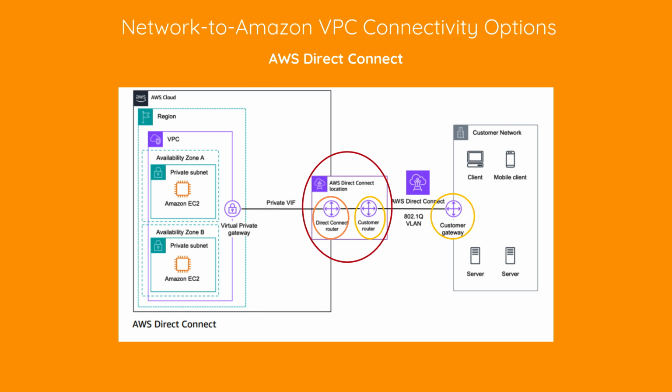For AWS resources, you'll first need to set up a virtual interface (VIF) to enable Direct Connect to access your AWS resources. Then configure a virtual private gateway (VGW) for your VPC to handle the AWS side connection.